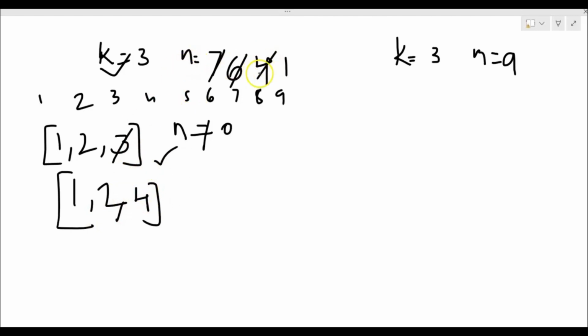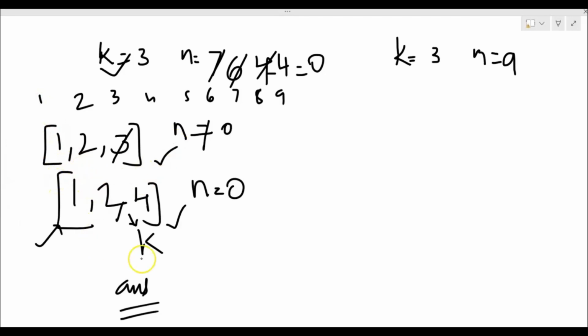So reducing 4, the sum n becomes 0. Hence the current subset size equals k and n is also equal to 0, which means this is a valid combination. So we'll push this current subset into our answer vector and return it. For this given example, 1, 2, 4 will be our valid combination.